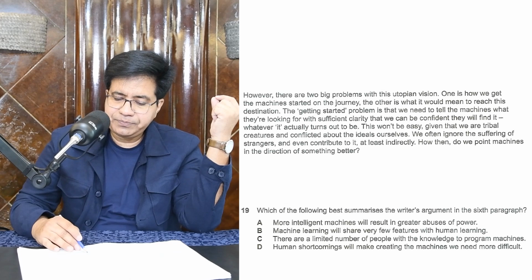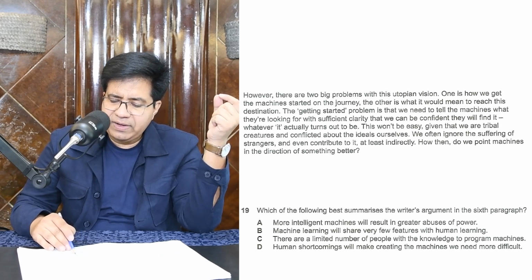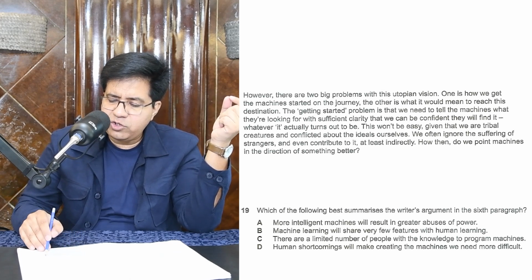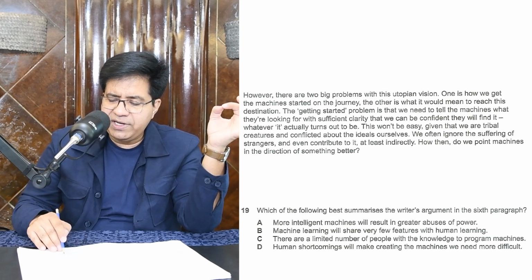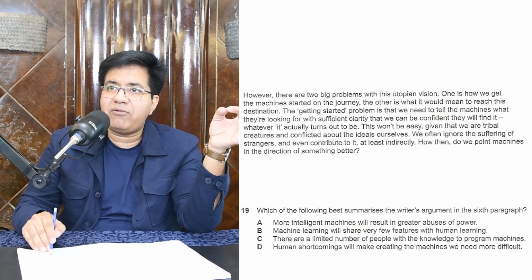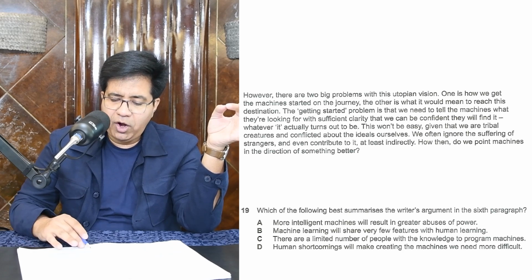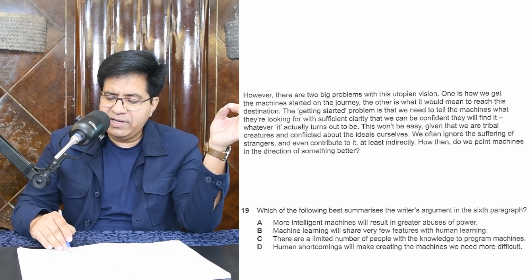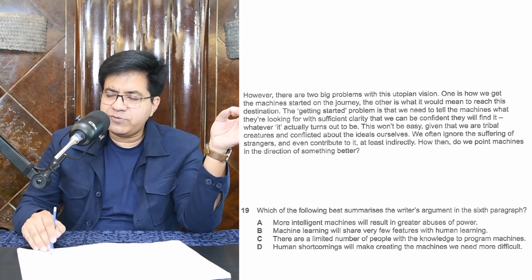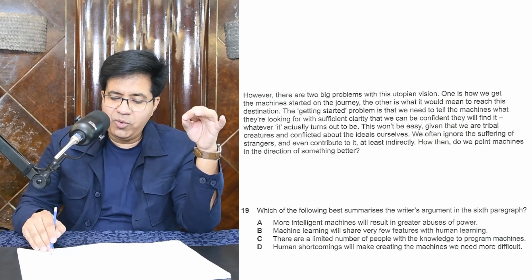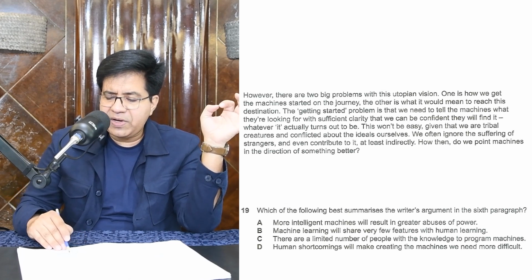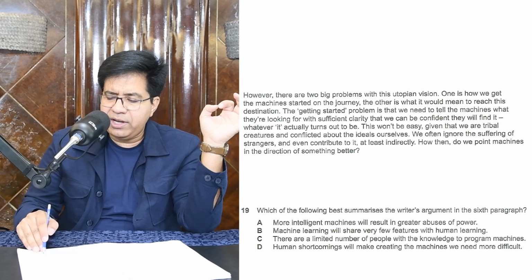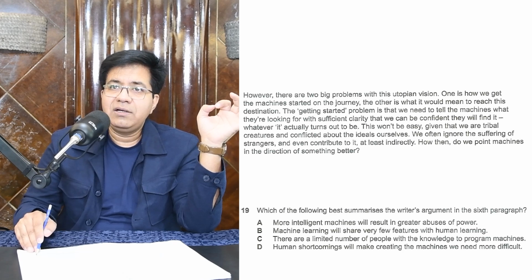Now, please come. Question number 19. Which of the following best summarizes the writer's argument in the sixth paragraph? Option A, more intelligent machines will result in greater abuses of power. No. Option B, machine learning will share very few features with human learning. No. Now 50-50 chance. Option C, there are a limited number of people with the knowledge to program machines.